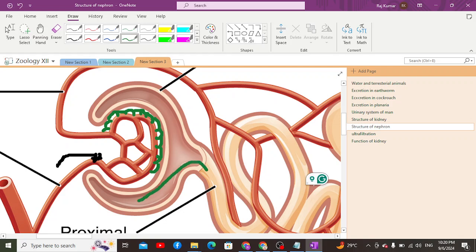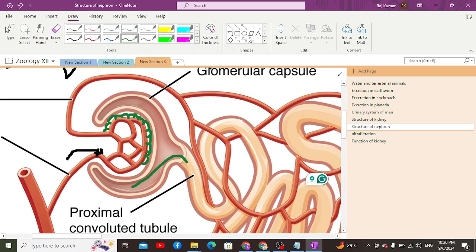Now, what actually happens is that the podocytes have smaller slit-like openings, which are basically 70 nanometer in diameter, and these internal slits are positively charged.